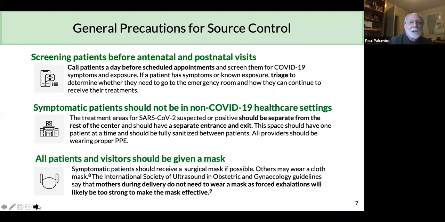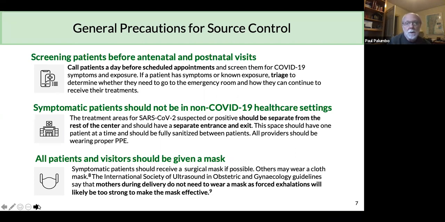One might consider screening patients before antenatal and postnatal visits. This could be done via telephone or by outreach, where pregnant women, before scheduled appointments, go through a symptom screen and an exposure screen.